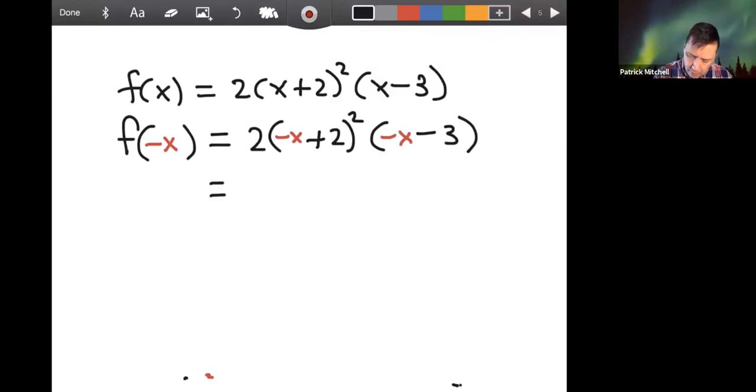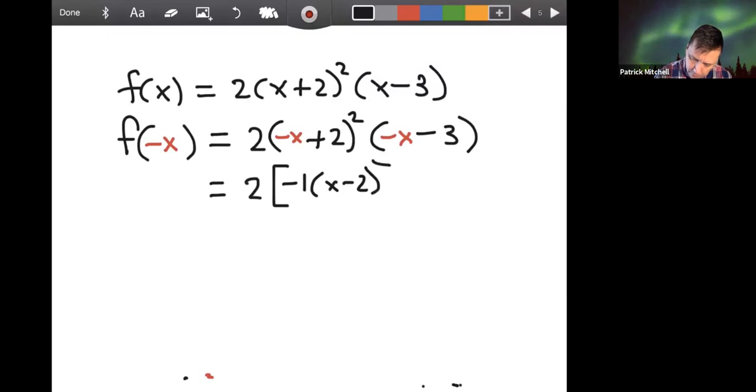because, let's see, what do we have? You could write this negative x plus 2 as negative 1 times x minus 2. And you could write this negative x minus 3 as negative 1 times x plus 3.